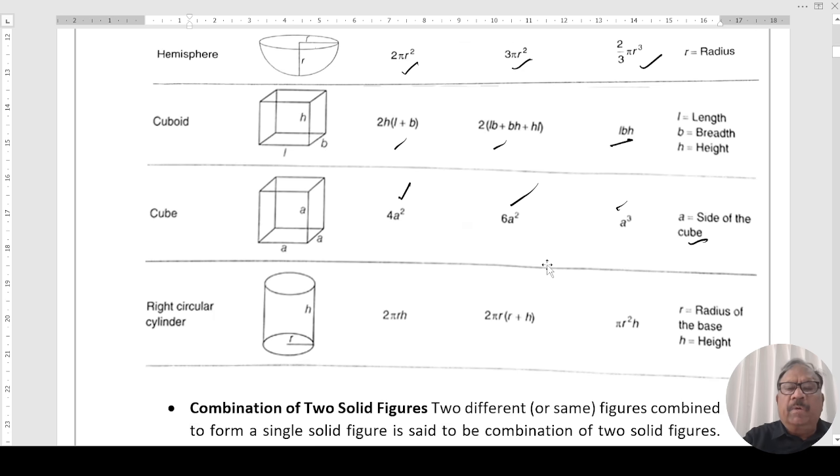And right circular cylinder, curved surface area 2 pi RH, total surface area 2 pi R (R plus H), volume pi R square H. These are the formulas. And now the combination of two solids. Any two solids can be combined together to form a tower or any other thing, building, etc. Right? Next question.